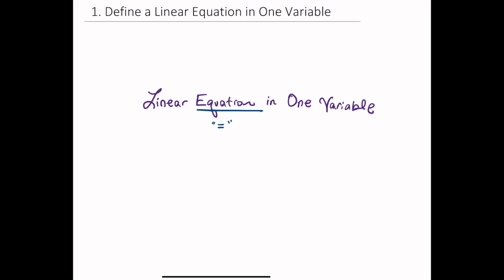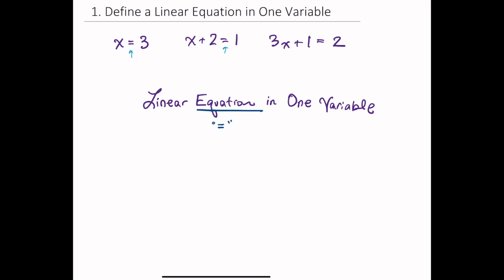A few examples, probably the simplest possible example, something like x equals 3. Or we could say x plus 2 equals 1. Or maybe something like 3x plus 1 equals 2. So these are all equations because they have our equal sign.